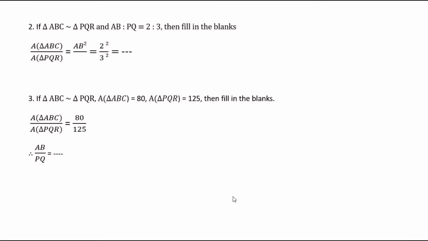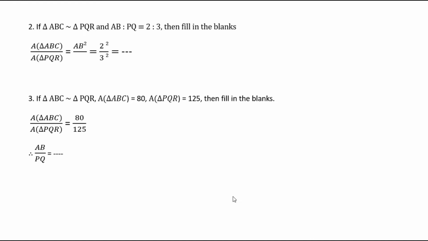In the second example, we have to fill in the blanks. The example says, if triangle ABC is similar to triangle PQR and AB to PQ is equal to 2:3, then fill in the blanks. Here, area of triangle ABC upon area of triangle PQR is equal to AB square upon, you have to find the corresponding side one to one.